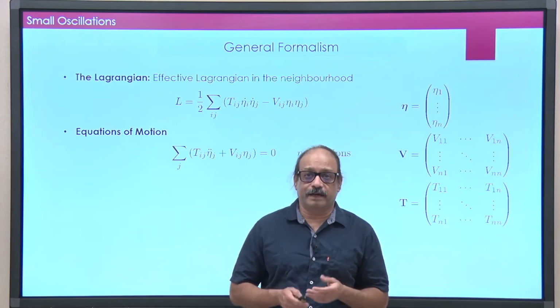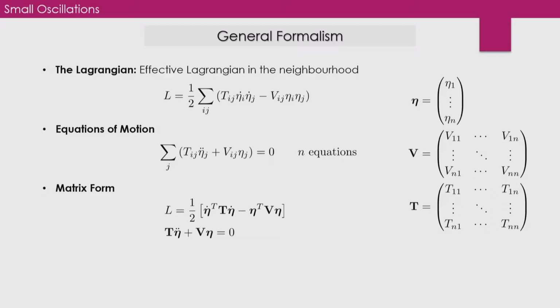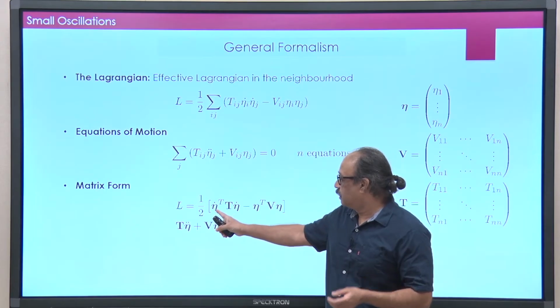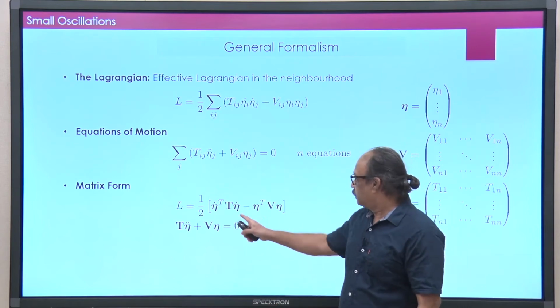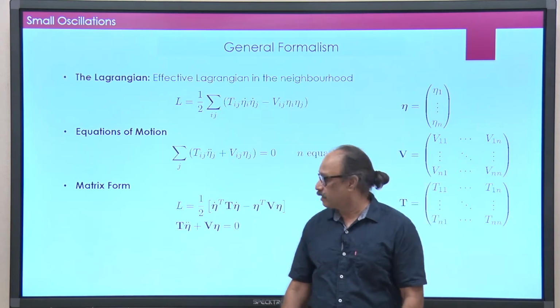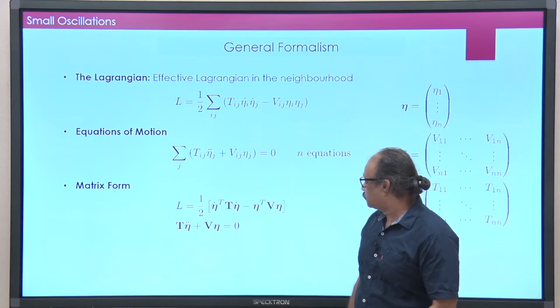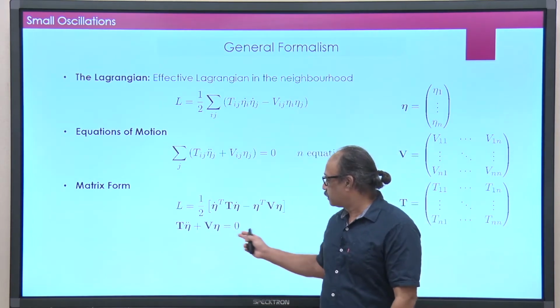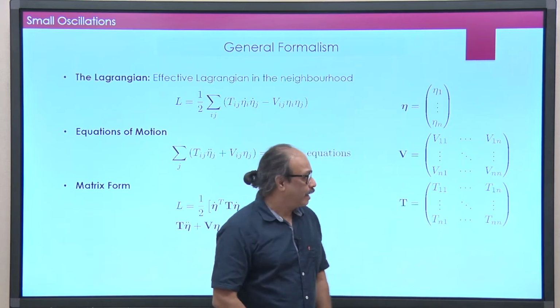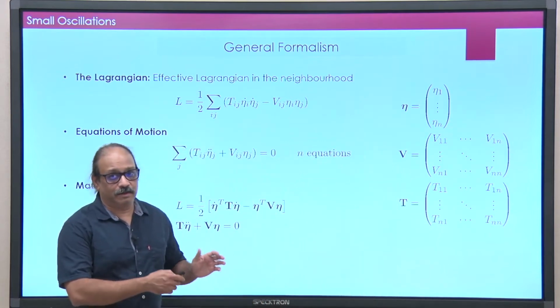And in terms of matrices, we now write down the Lagrangian as, so this is basically a row matrix because we have taken a transpose of this, eta transpose T eta dot minus eta transpose V eta, and from that we construct this matrix equation. Okay. And this matrix equation is all that we want to solve.